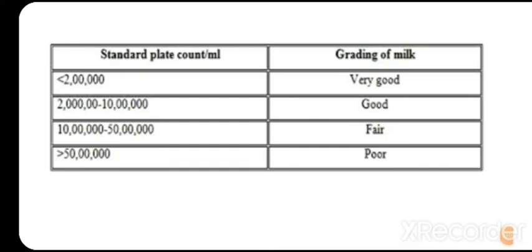If it is less than 2 lakhs, then the quality of milk is considered very good. If the count is above 2 lakhs and less than 10 lakhs, then the quality is considered good. If it is more than 10 lakhs and less than 50 lakhs, the quality is fair. And if it is more than 50 lakhs, the quality of milk is considered poor.